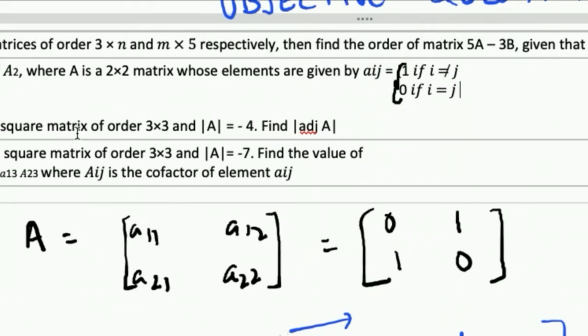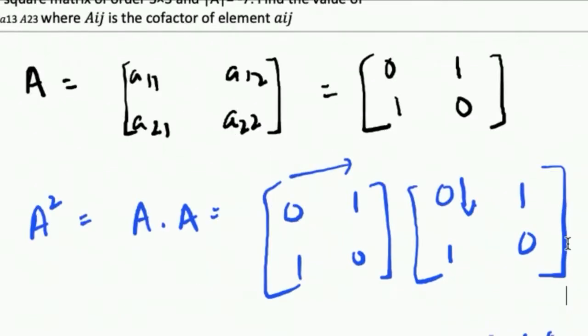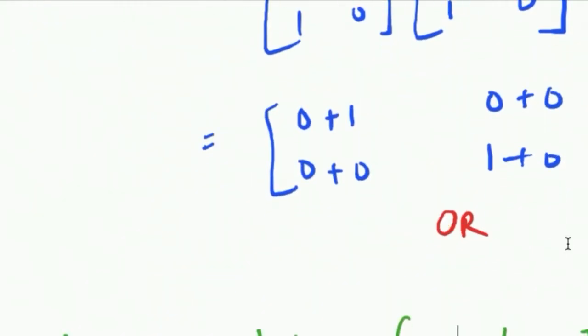It is given that A is a square matrix of order 3 cross 3 and determinant A is equal to -4. Find the determinant of adjoint A. This is a very important question and frequently appears in the exam. To solve this, you need to remember a small result which I am going to show you below.